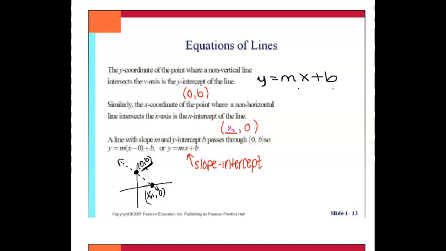And then the point down here is your x-intercept. And y equals mx plus b, you'll hear me call slope-intercept form.